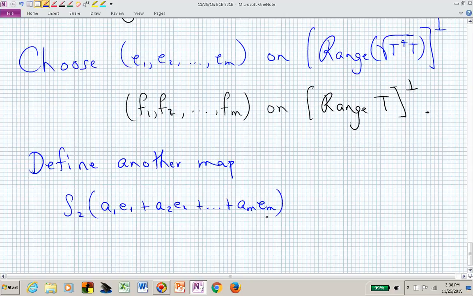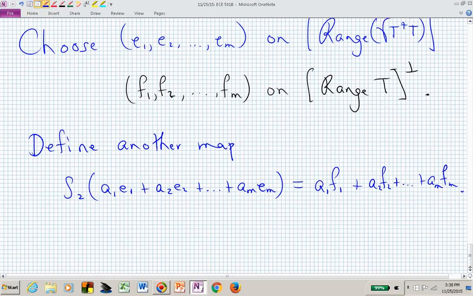That's any vector in that space. And let's define S sub 2 such that it rotates that vector into another vector that is combined using the same weightings of the other basis vectors. That's how we are defining this new map.